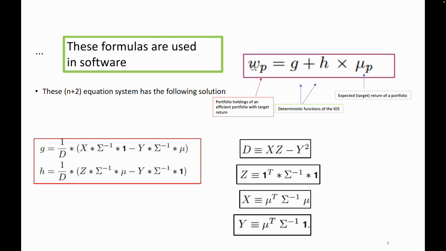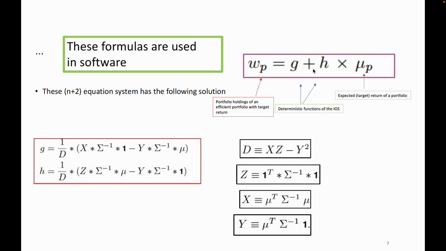And that solution is telling me that the portfolio vector W, which is minimizing the variance, subject to earning an expected return of mu p, and subject to being fully invested in all the risky assets, fulfills such an affine relationship, yeah?